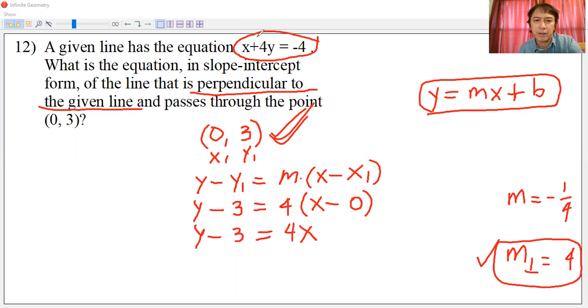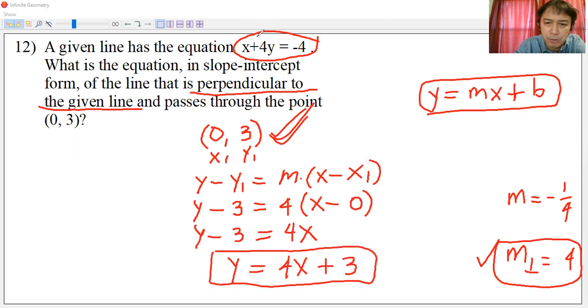After adding 3 to both sides, this will now be y equals 4x plus 3. And that is the slope-intercept form.